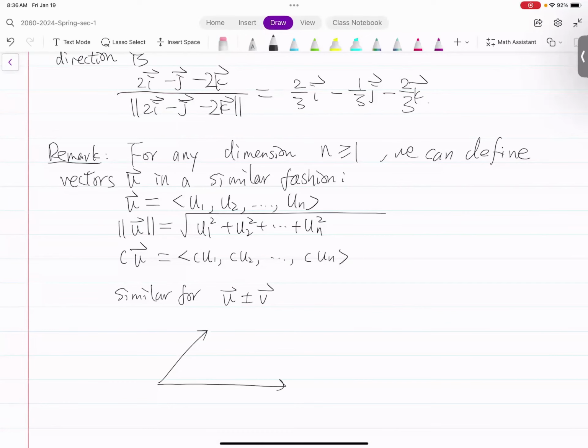If you have the vector u and the vector v, then in n-dimensional space it's still the parallelogram rule. The diagonal of the parallelogram is the sum of the 2 vectors. And if you do the difference of 2 vectors, then it's the other diagonal.